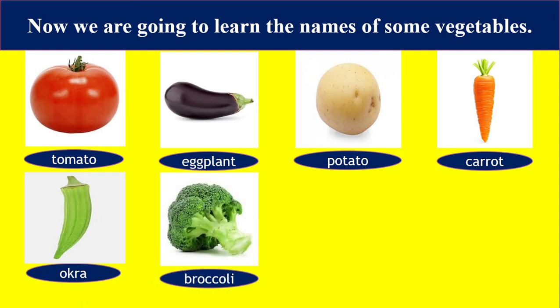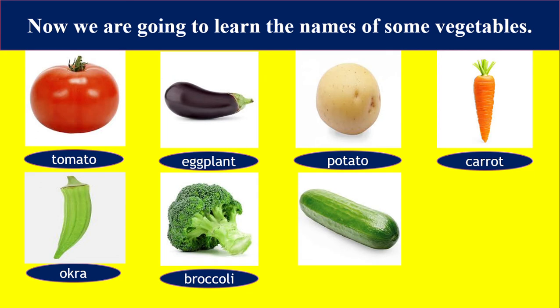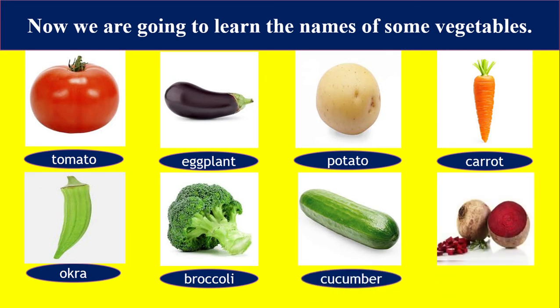Broccoli, and this is a cucumber, and the last one is the picture of beetroot. And all these are also nouns because they are the names of different vegetables.